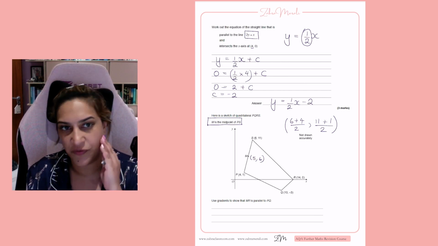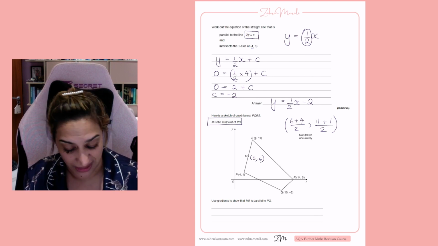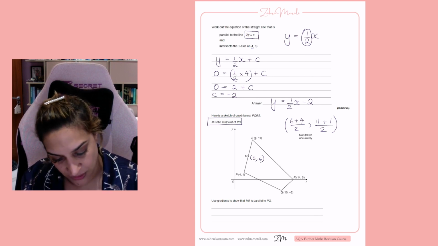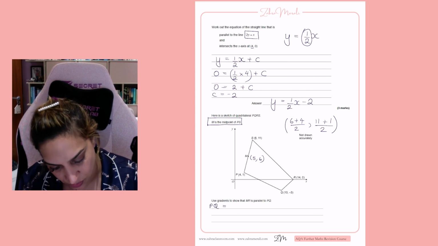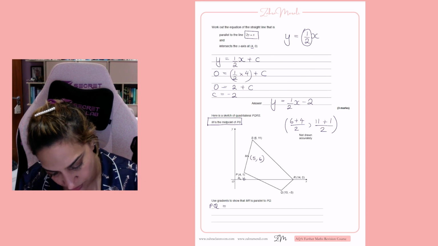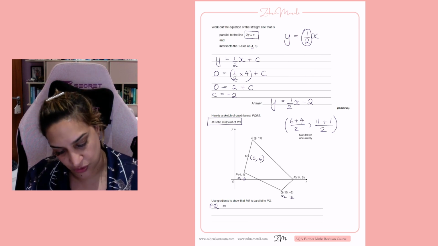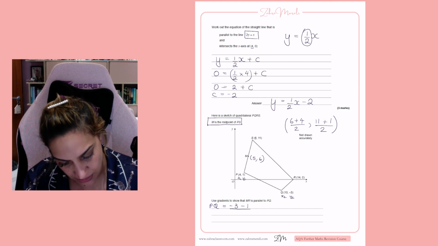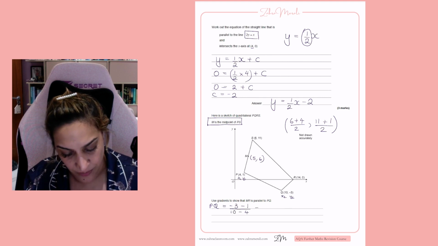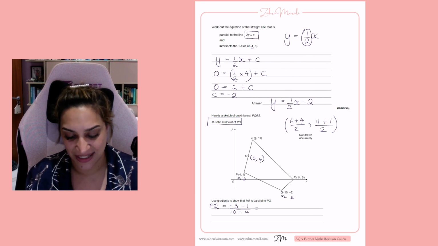Okay, so we're going to find the gradient for each bit. Right, so let's do PQ first. So for PQ, if I do x1, y1, x2, y2, and I'm going to take away. So we're going to do minus 3 minus 1 over 10 minus 4. Now, if you look at the slope, you're expecting a negative slope.